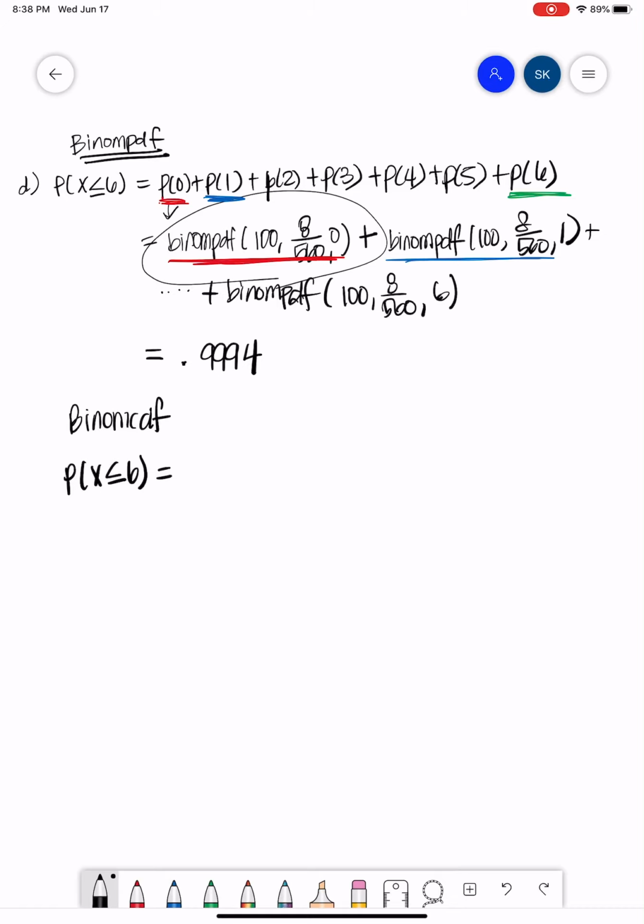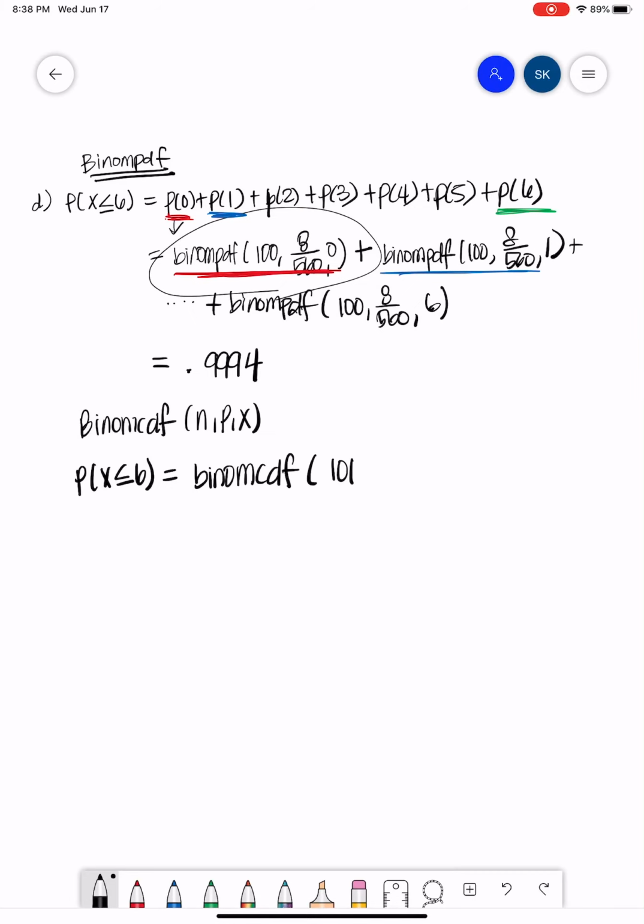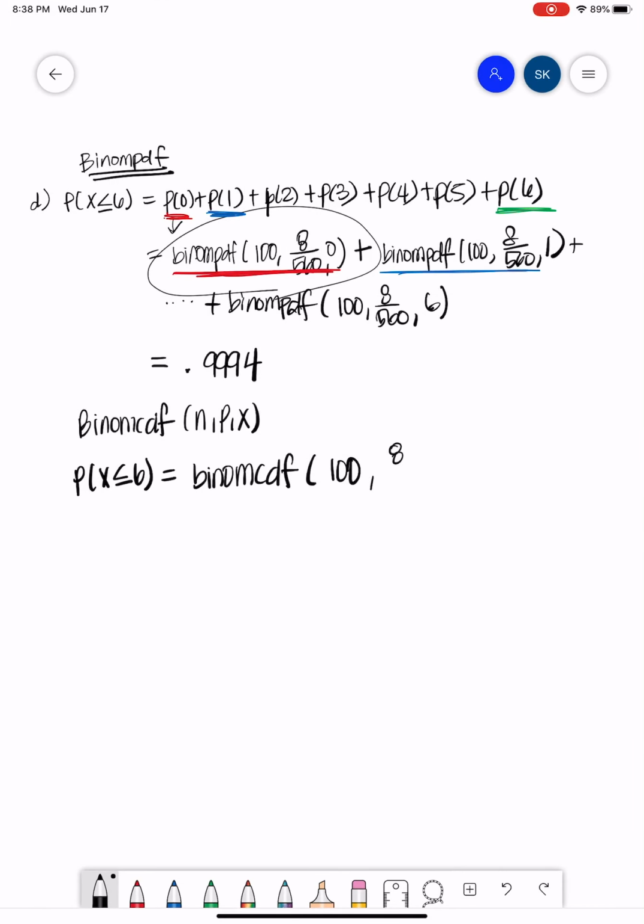So it's very similar. It will be binom CDF, and then it's going to be n, p, x. So you still put 100. P doesn't change, 8 out of 560. And the number that you want to include is up to 6, so you're going to put 6 there. I'm going to use CDF this time, and let's see if we get the same answer, 0.9994.